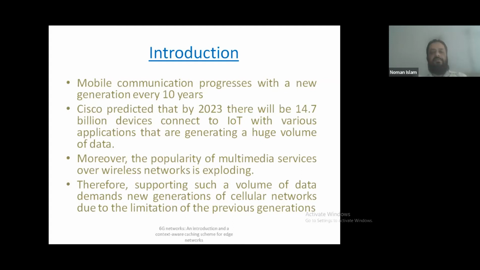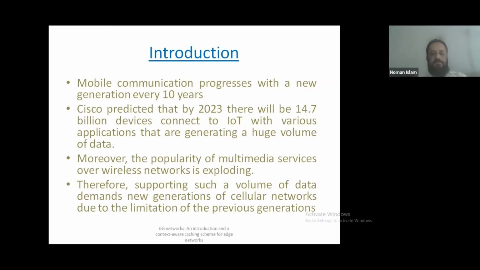So why do we need the sixth generation? According to Cisco, there will be around 14.7 billion devices by 2023 that will be connected over the internet in the form of Internet of Things. Similarly, the popularity of multimedia contents is also exploding.